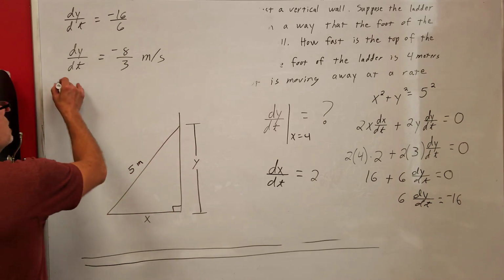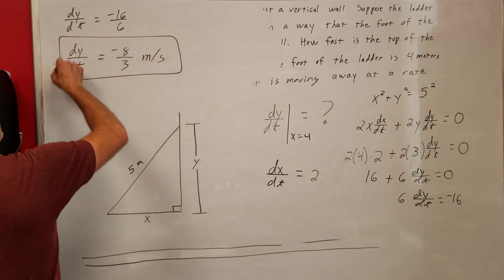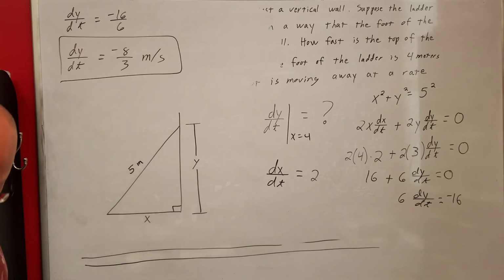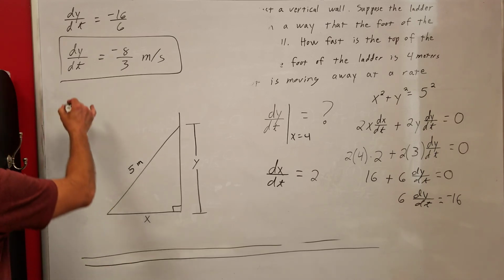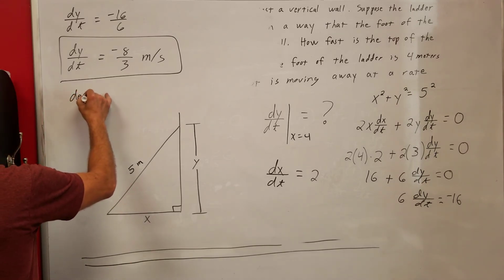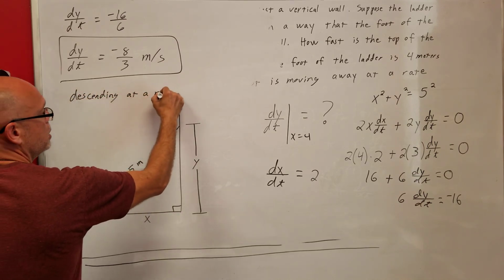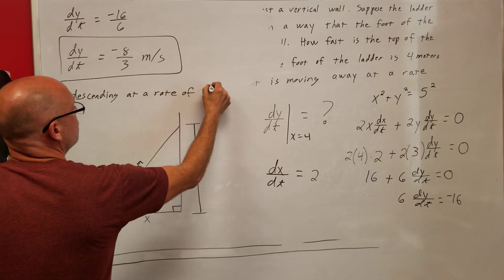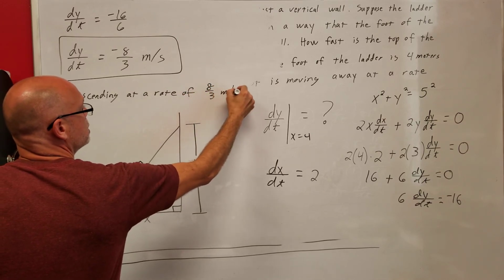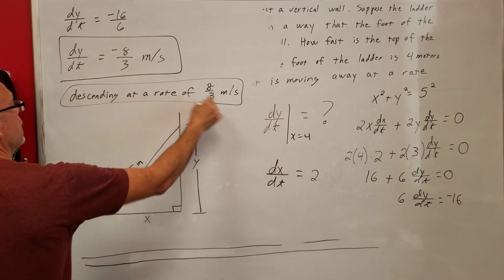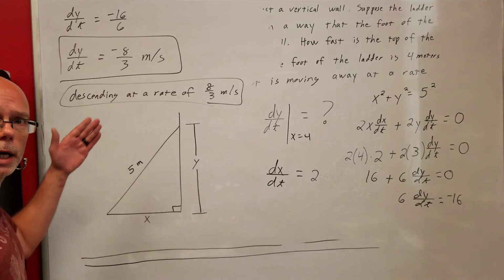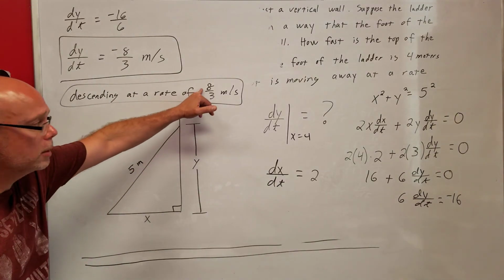So it does make sense. Now, what did they ask for here? How fast is the ladder descending? So if you were going to write descending at a rate of 8/3 meters per second, you would put in that word, descending, because that automatically implies it's negative. Then you would put a positive there.